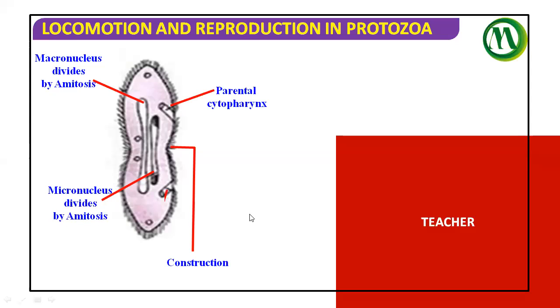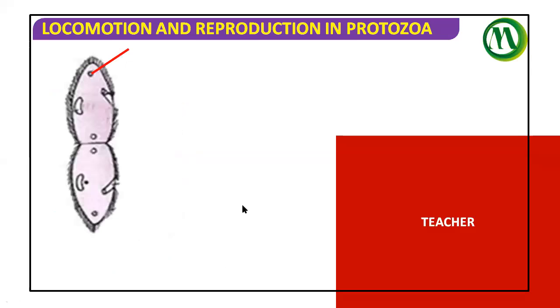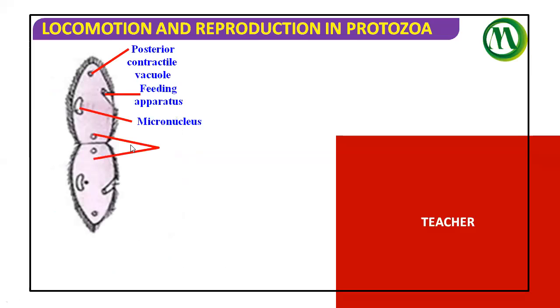That was a spelling mistake here. In the other daughter individual, you can see a new cytopharynx is going to form. So the transverse constriction you can see here, the posterior contractile vacuole, the feeding apparatus, and the macro and micronucleus division, the transverse constriction you can see clearly here.